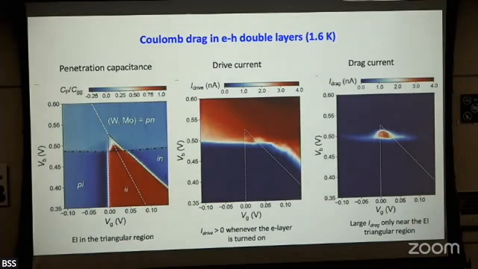Now if we measure the drag current in the whole layer, you see that you get current only inside this excitonic insulating phase or near it. This is what we expect to see: the drag ratio should give you 1 if it's an excitonic insulator. So let's take a line cut here.